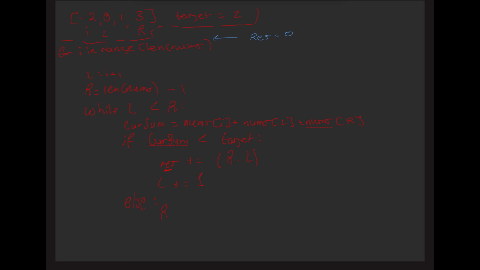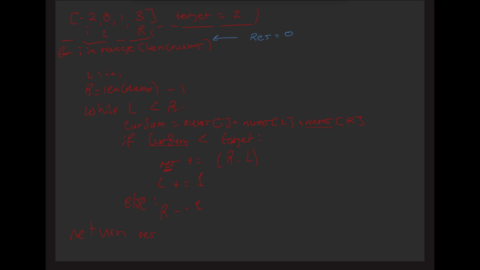Then we want to decrement the right pointer. And if our base condition is no longer valid, we exit, and once we have run through the for loop, we return result.